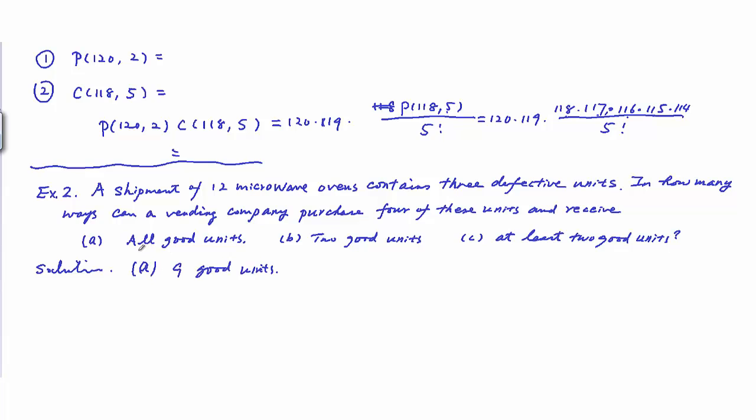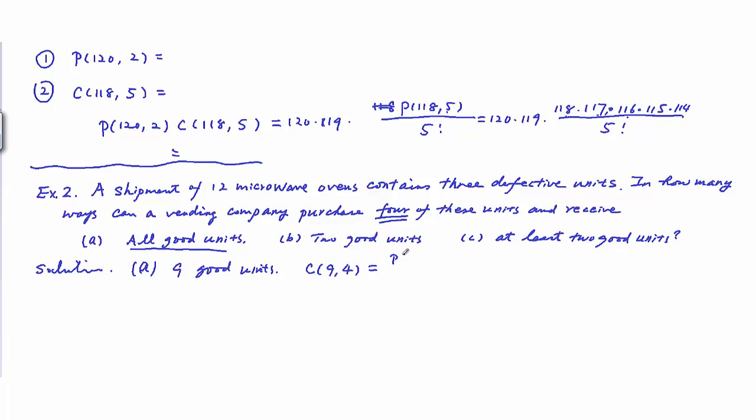So then we look at the outcome, 9 good units taking 4 at a time, because we talk about selecting 4.